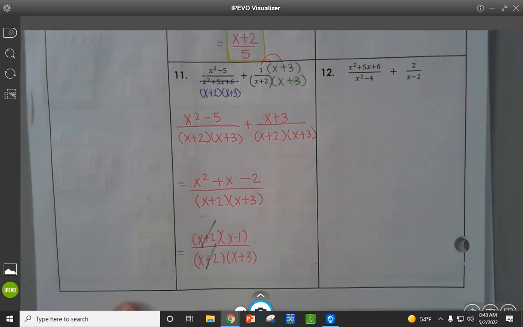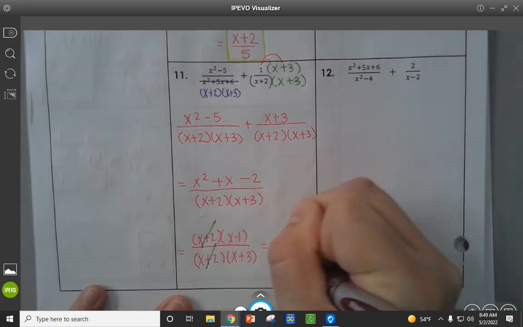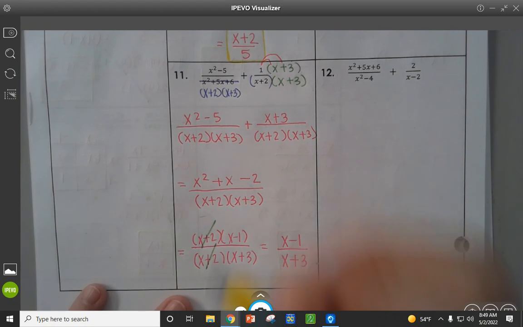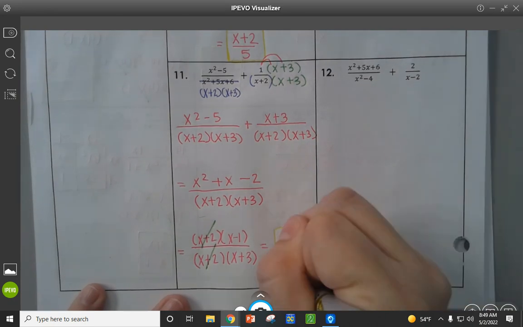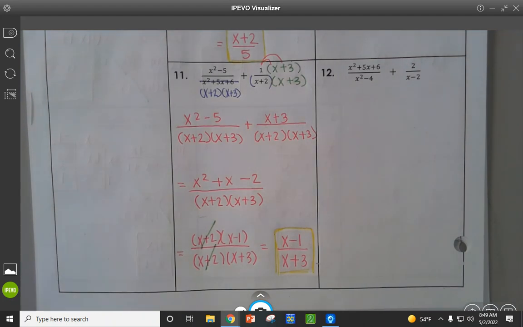So these x plus 2's cancel, leaving x minus 1 over x plus 3. Are there any questions?